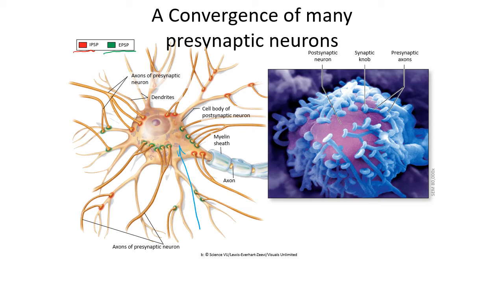It has a combination of EPSPs and IPSPs firing on it. There's some more over there. Some more EPSPs over here. Some more IPSPs over here even. So we've got all kinds of stimulation on this one postsynaptic neuron.